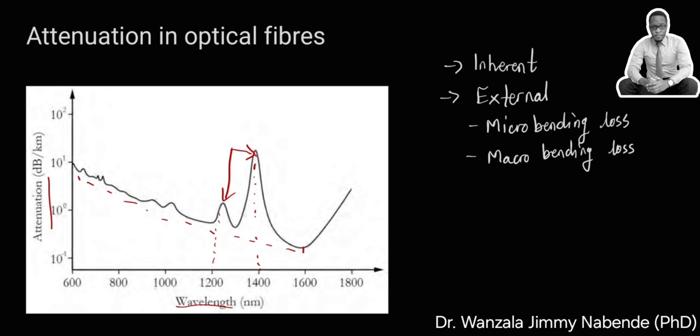So basically, fundamentally, we shall look at microbending as one caused by scattering of light, and then this one, the energy lost or the light lost during the extrusion when the material or fiber optic is being used.